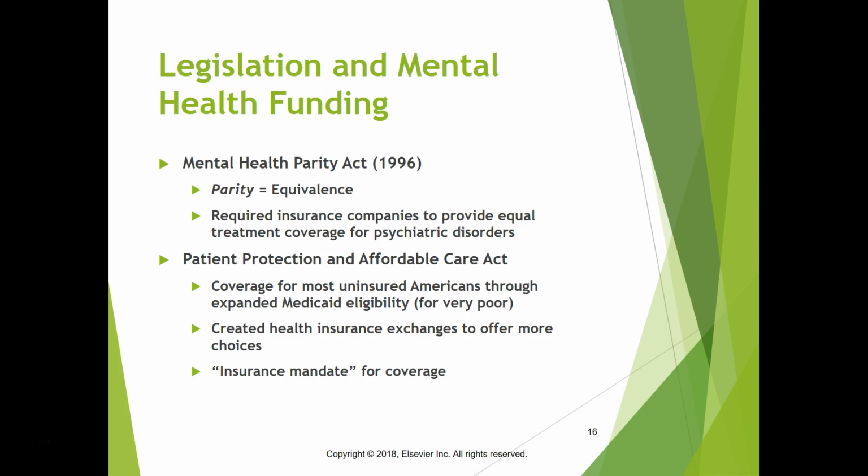The Mental Health Parity Act in 1996. Parity means equivalence, and it basically required insurance companies to provide equal treatment coverage for psychiatric disorders, because prior to that, it really was not equal at all. You could get great insurance coverage for a heart attack, but very little for a major depressive disorder.